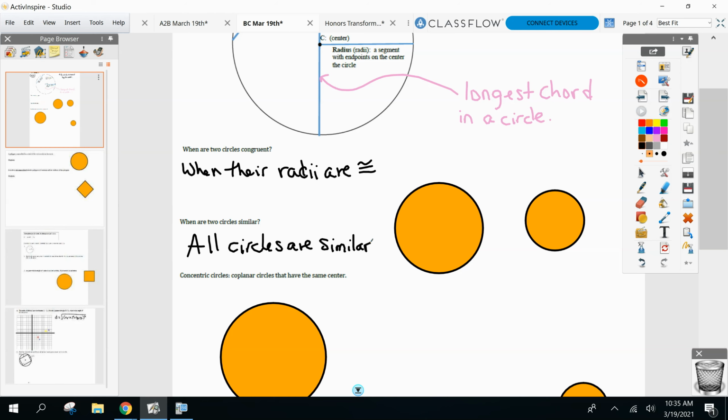Remember, when two figures are similar, aren't there corresponding parts in the same ratio? Let's say I draw a circle here that's got a radius of 6, and this one has a radius of 2. The ratio is 6 to 2, right? It's always going to be 6 to 2. I draw another radius, what's the length of that one? Also 6. It's always 6 to 2. So all circles are similar.